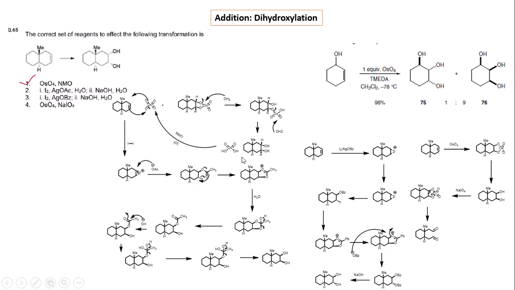And this is the reaction where osmium tetroxide in the presence of TMEDA gives the cis alcohol, the all-cis alcohol is the major, along with a minor amount at the less substituted, less sterically hindered position.